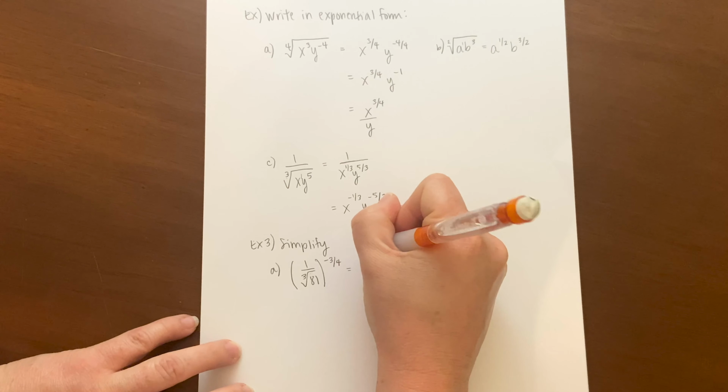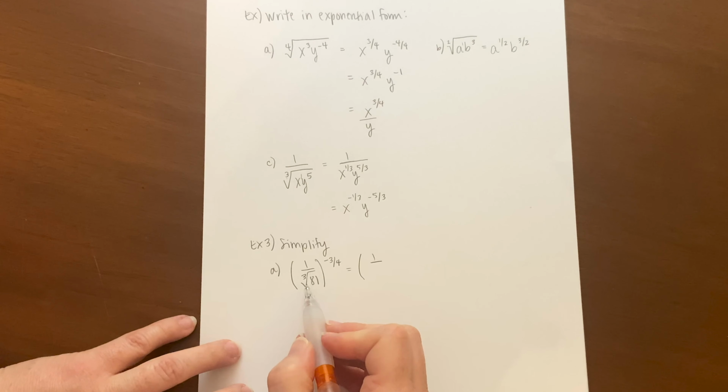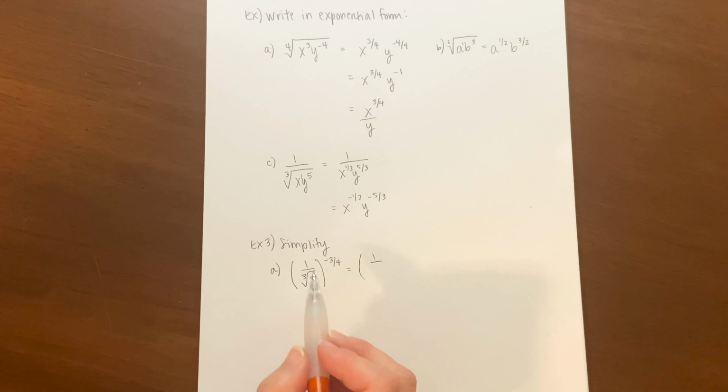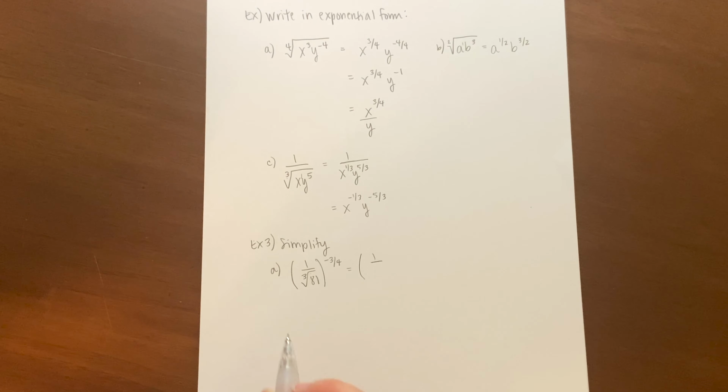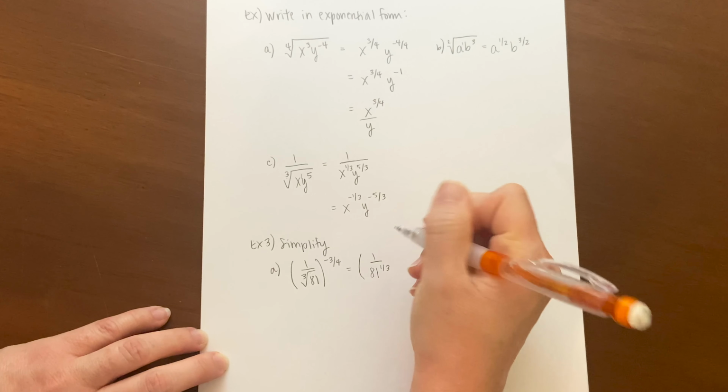So I'm going to start by rewriting this radical form into a rational exponent. So then I've got 2 rational exponents, and I can work on putting them together. So the cube root of 81, I'm going to rewrite that as 81 to the 1/3.